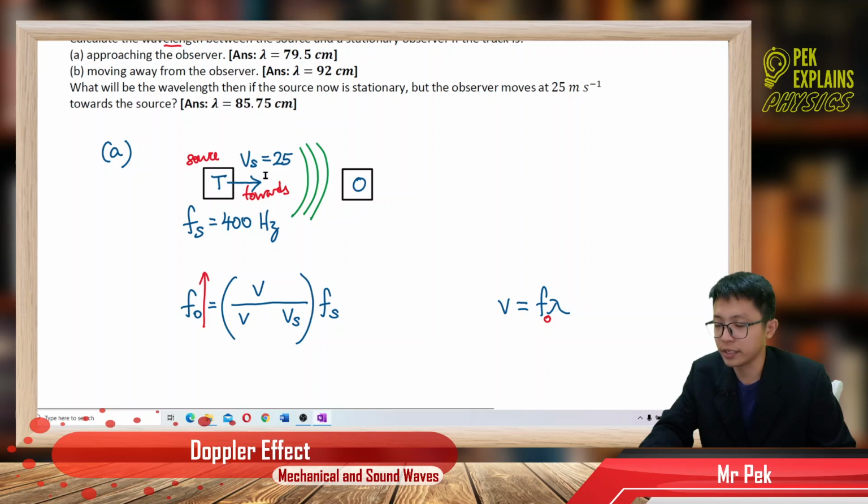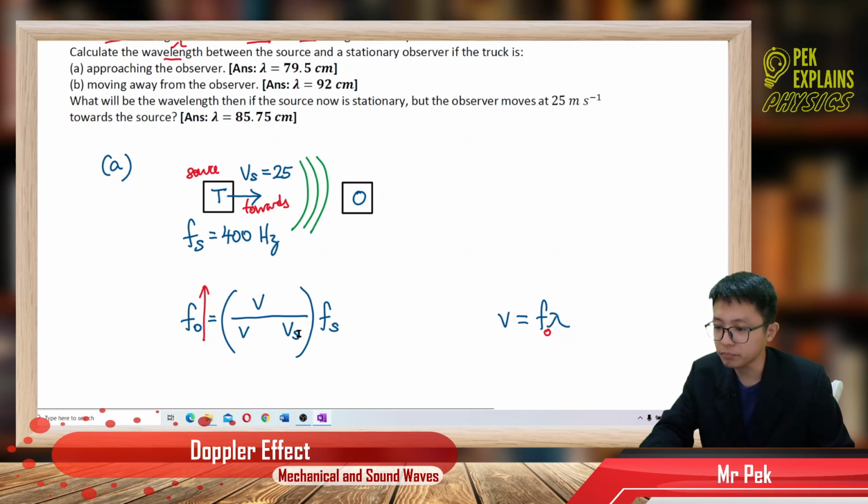We have Vs, but no Vo because the observer is stationary. We need a minus sign to make the denominator smaller, so the frequency will increase.